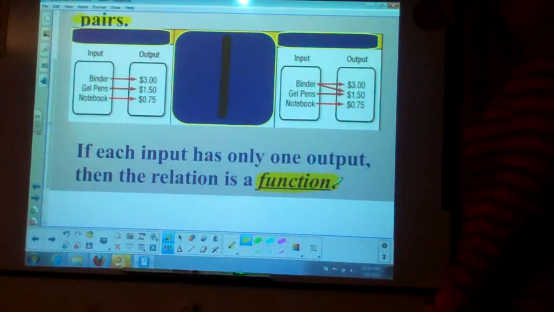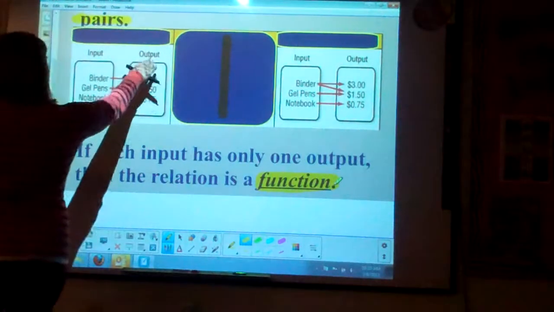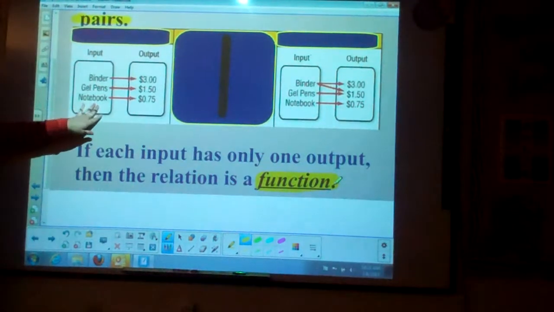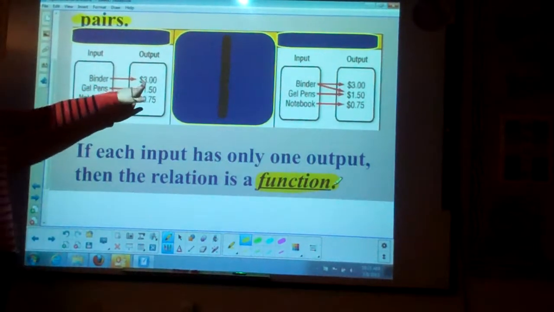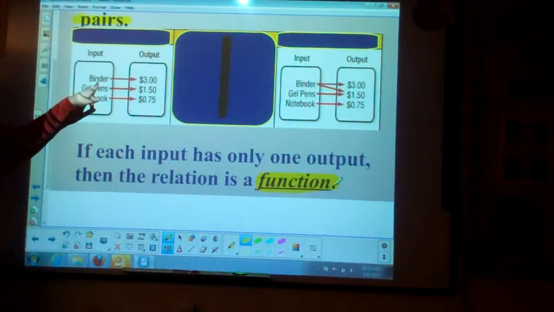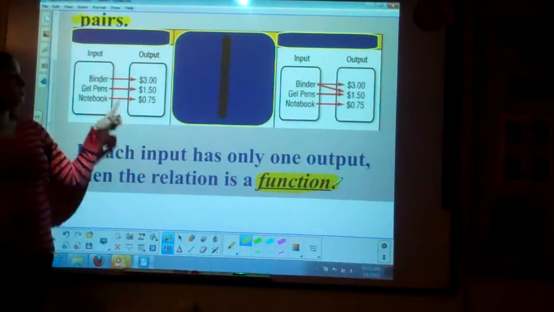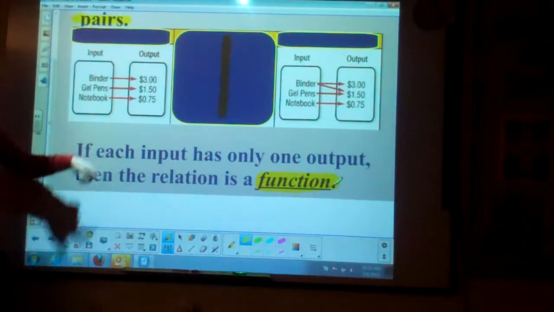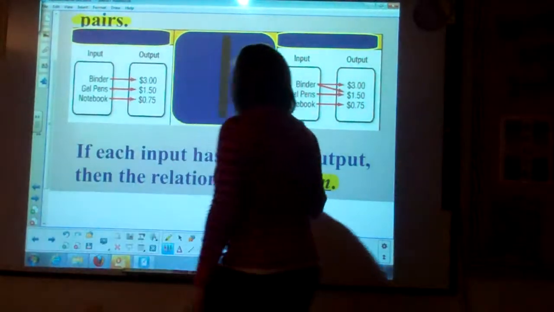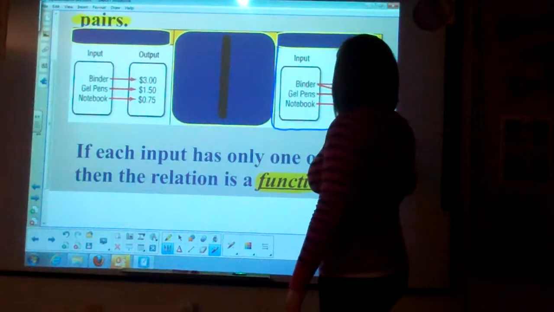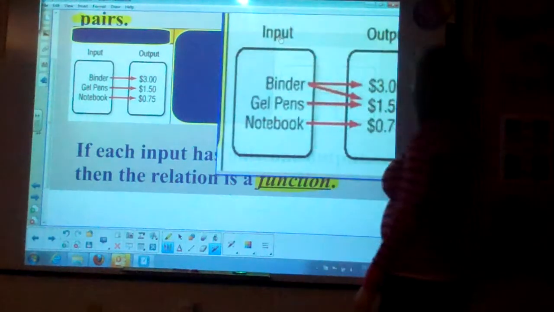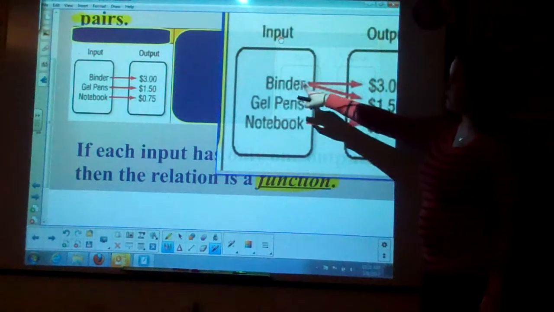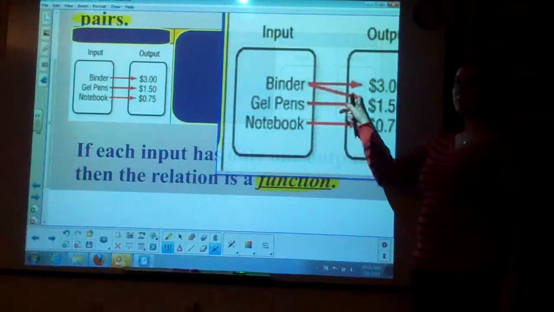So when we look at the inputs and outputs that you put down for the binders, gel pens, and notebooks, was there an output for every input? Yeah. And just one output for each input? Yeah, on this one. But if we look over here, is there exactly one output for every input?